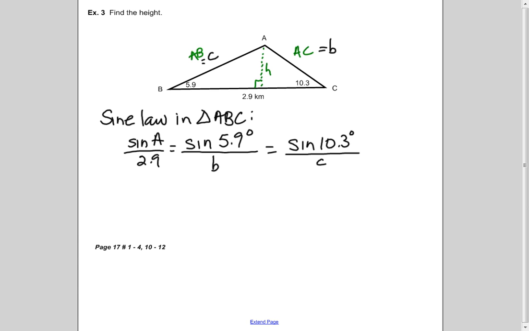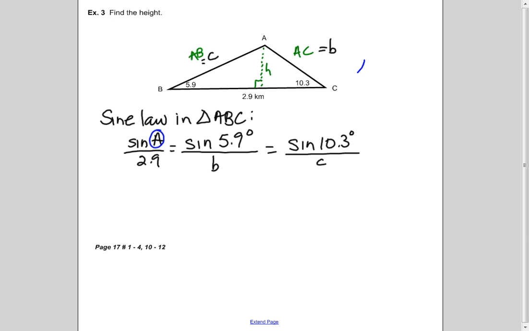It looks like I don't have enough information to solve any ratio here, but if I know two of the angles, I actually know the third. So if I know 5.9 degrees and 10.3 degrees, I can find angle A.